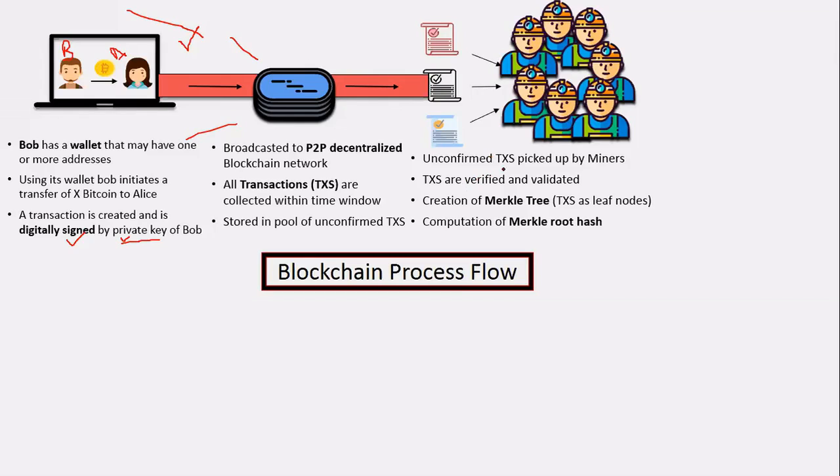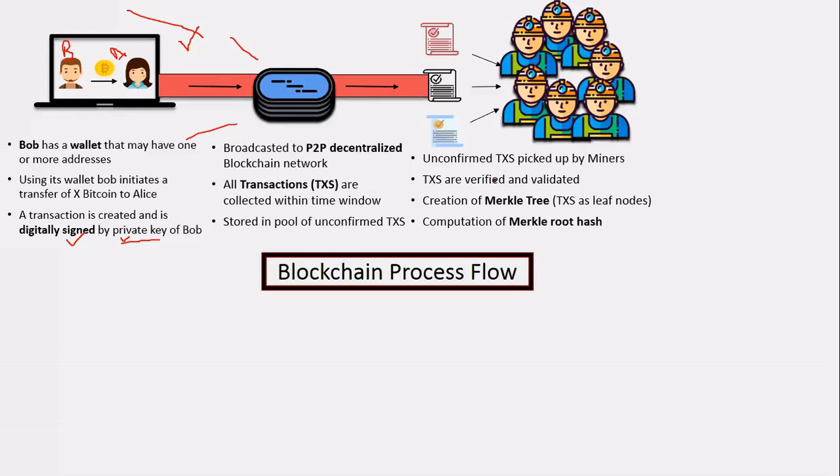These unconfirmed transactions are then picked up by these miners, which are spread across the globe. And the first thing they do is they verify and validate these transactions. What does this mean? It means that first they ensure that the person who is sending the transaction, that is Bob, is a valid user. It is Bob who has actually signed and sent the transaction. And second, if let's say Bob wants to send 10 Bitcoins to Alice, then Bob should have these 10 Bitcoins with him in the first place, right?